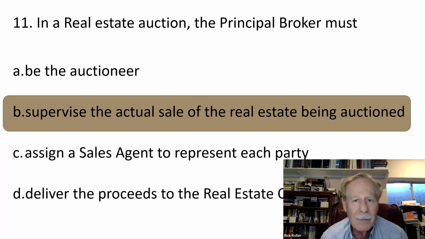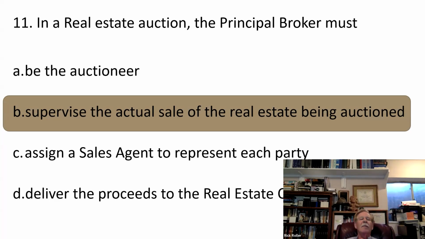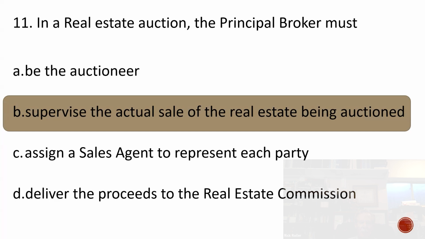All the auction really does is determine the price, and then of course the terms were set out so that people would know that they have to pay cash for a certain period of time or whatever. But really, the auction just determines the price, and they know the other terms, or they wouldn't have come to the auction. Anyway, D, deliver the proceeds to the real estate commission. No, they're regulators, man. They don't get proceeds out of deals. All right.